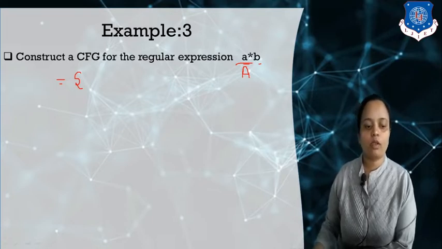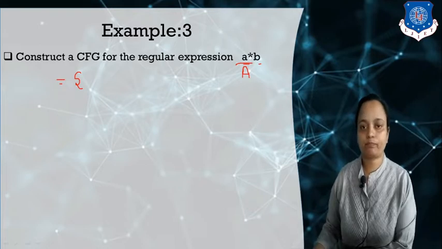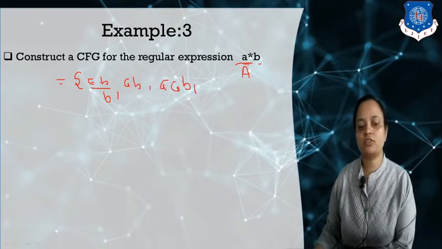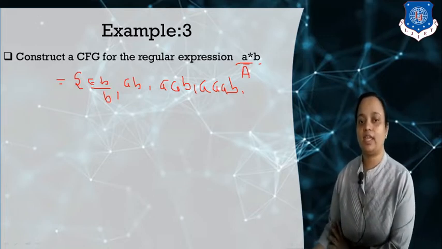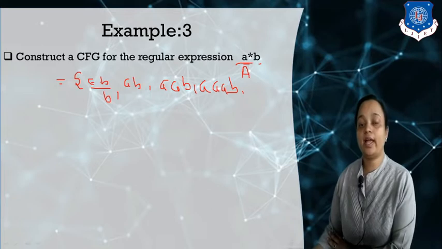So if I check what kind of set of strings is generated, in place of star, if I put 0, it means null dot B, so the minimum length string is B. Then with A star, AB, double A B. What set of strings is this regular expression? A is repeated, B is not repeated, but every time B is concatenated with some number of A's and it appears at the end.